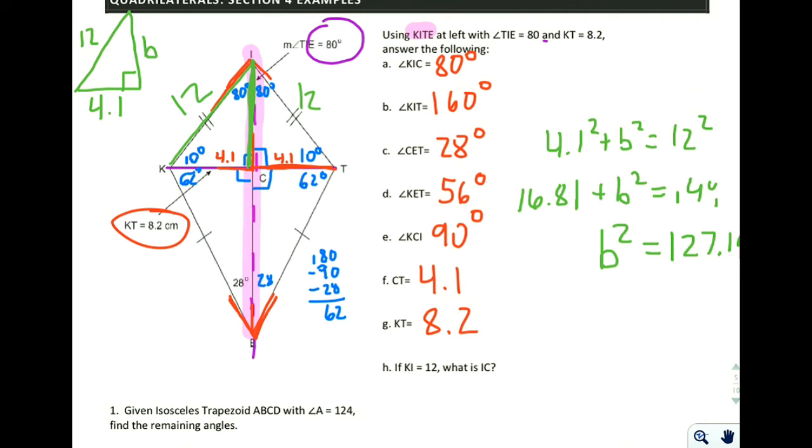And then we just have to take the square root of that in our calculator. When we do that, it's going to round off to 11.3 for side B. So the answer is, what is IC? IC is going to be about 11.3.